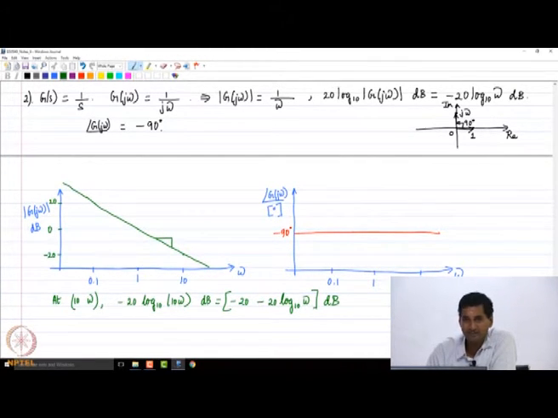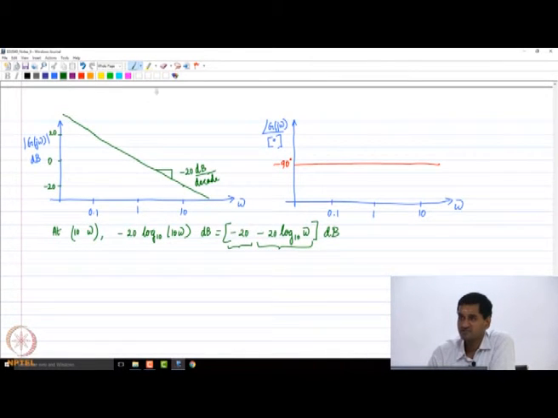At any omega, the magnitude is minus 20 log to the base 10 omega. You go 10 omega from that omega, the value is going to decrease by 20 decibels. So for that reason, the slope is indicated as minus 20 decibels per decade. So in one decade of frequency, the magnitude drops by 20 decibels. That is the slope of this magnitude curve. I hope it is clear how we got this slope.